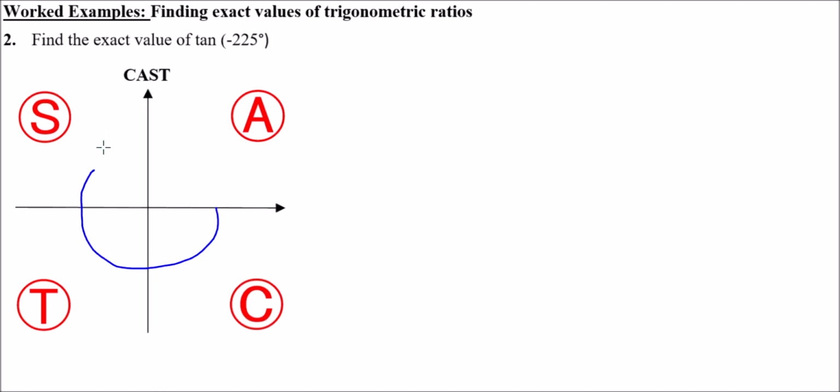So again, draw an X on, like so. Doesn't need to be done accurately, as long as it's in the right quadrant, nothing else really matters. And so an angle of minus 225 is this angle here, and we've ended up again in the S quadrant.